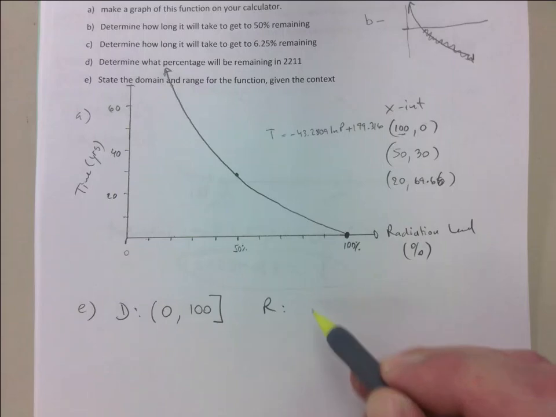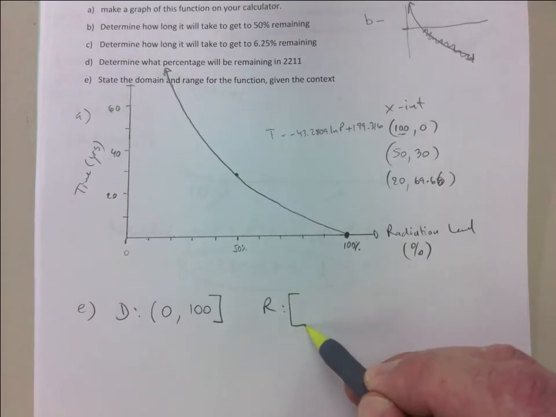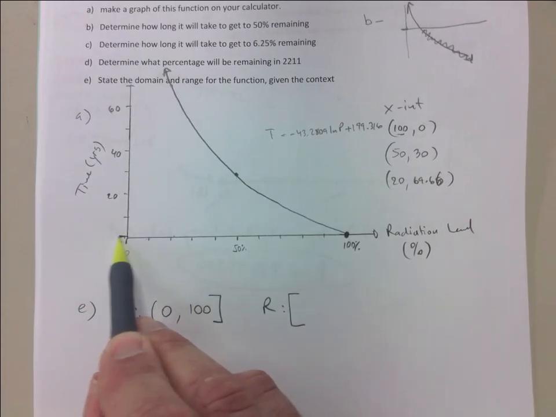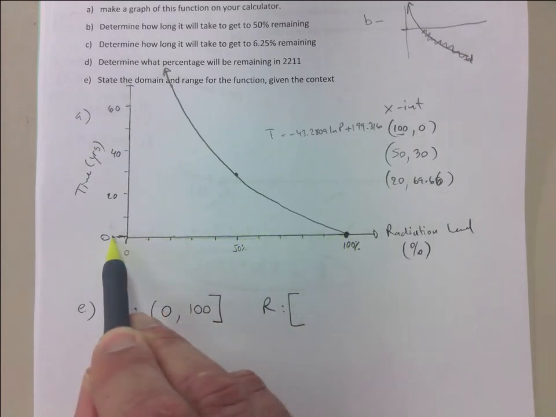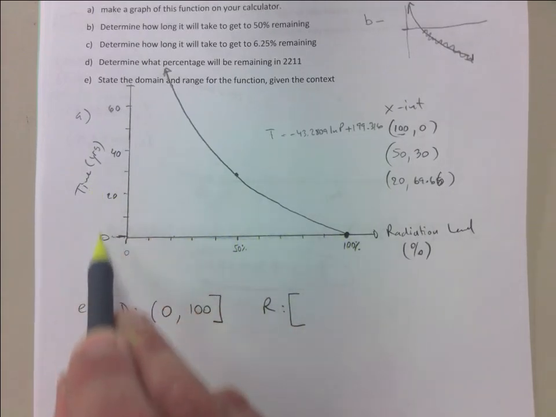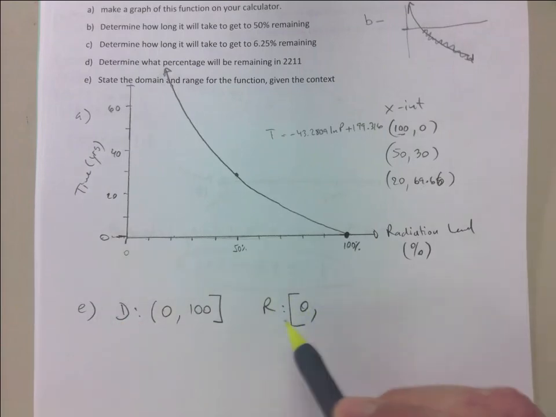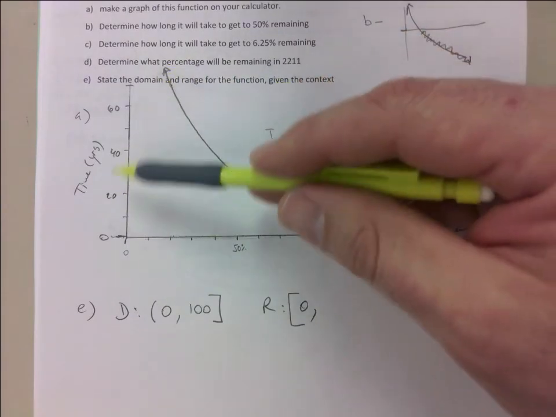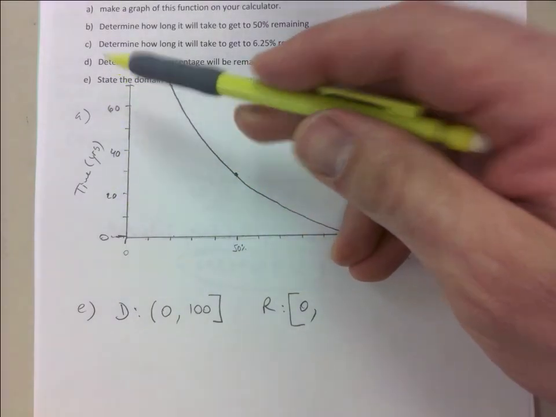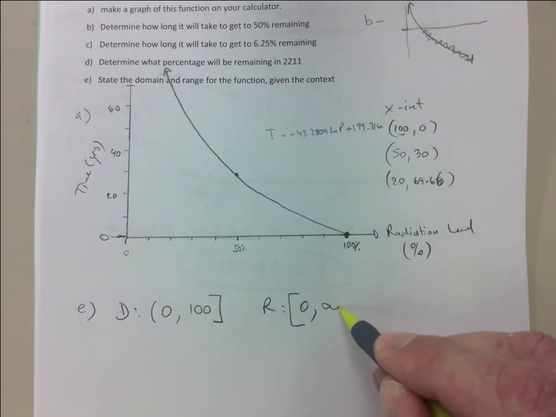My range, what's the lowest I ever get to in terms of time? If you go across here, you trace it out and you travel along the y-axis, it will be 0. And since this doesn't really ever seem to stop, in terms of your y, you never cap. So this would be 0, infinity.